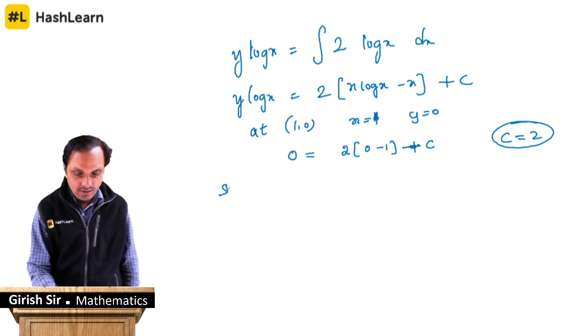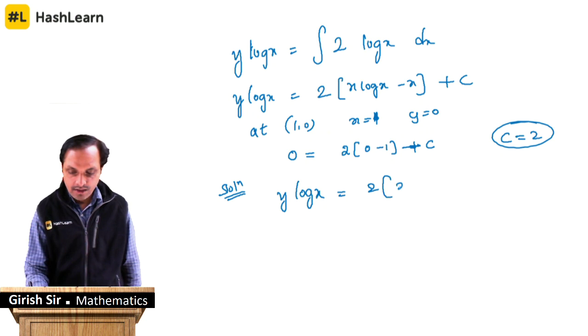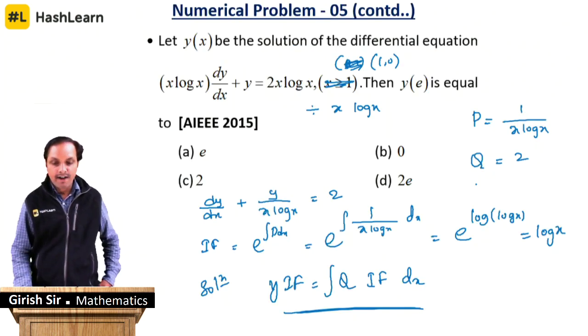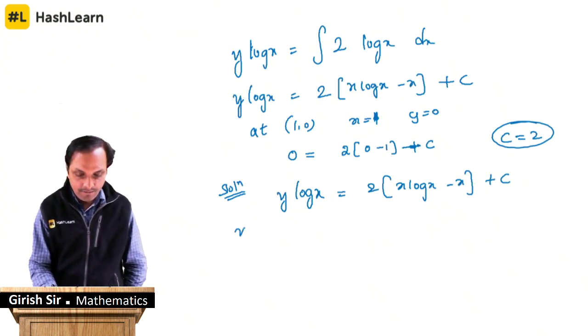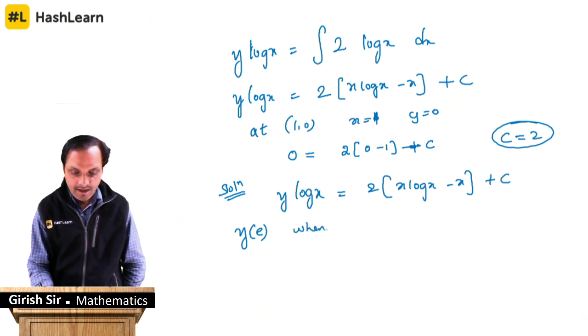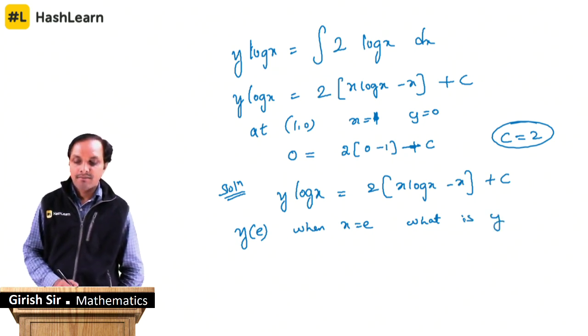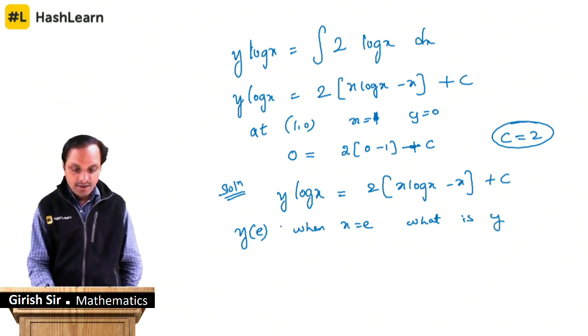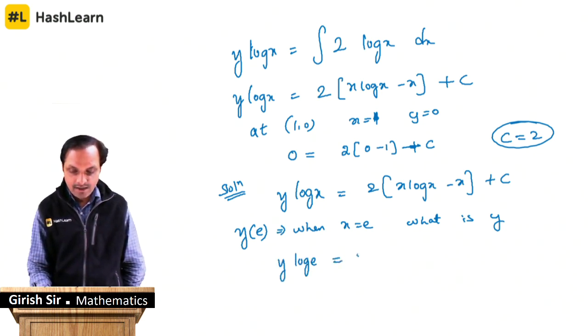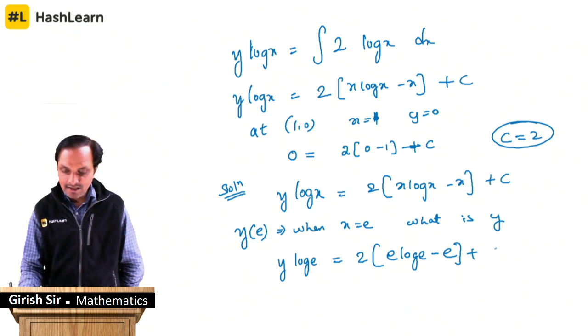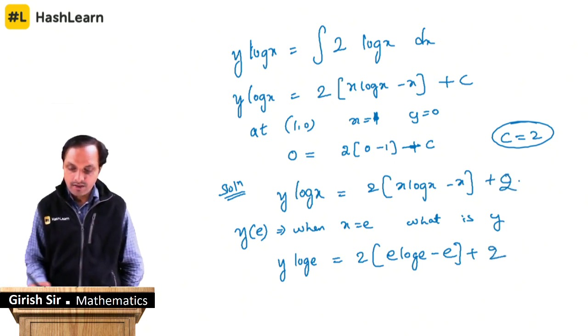So our solution is y log x equals 2 x log x minus x plus constant, where the constant is 2, and he is asking you to find y of e. What is y of e? When x is e, what is y? So y as it is, when x is e, this will become log e, 2 times e log e minus e plus c is 2, what we have got already.